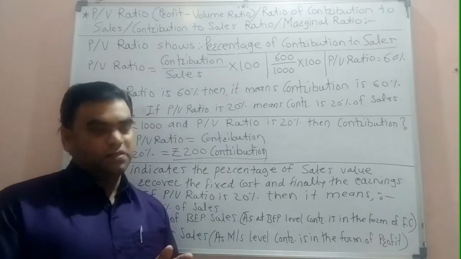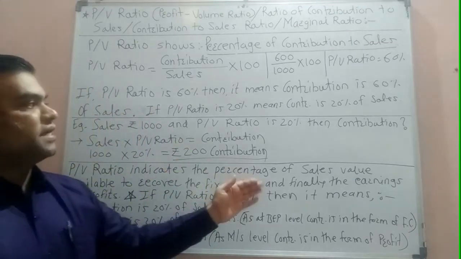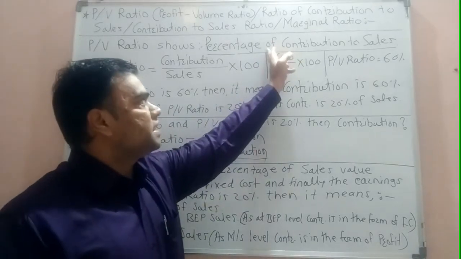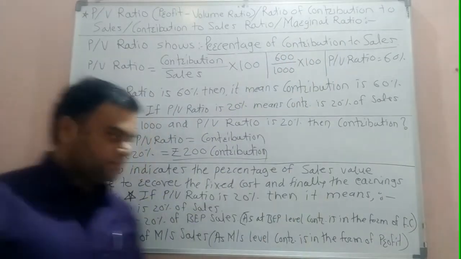Contribution we utilize. So PV ratio indicates the percentage of contribution to sales.